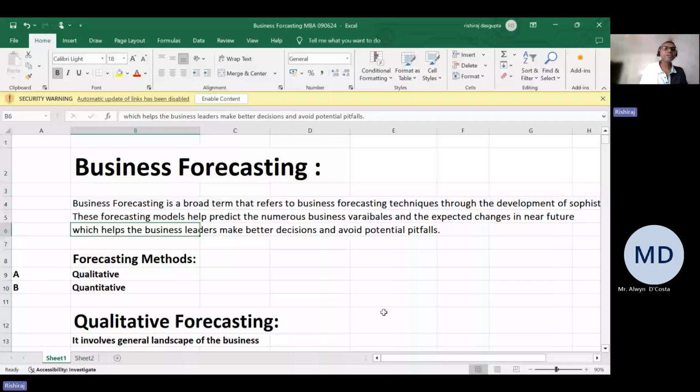Yeah, I have shared an Excel sheet. It will be visible in a few seconds, I believe. You can verify whether you can see this Excel sheet or not.